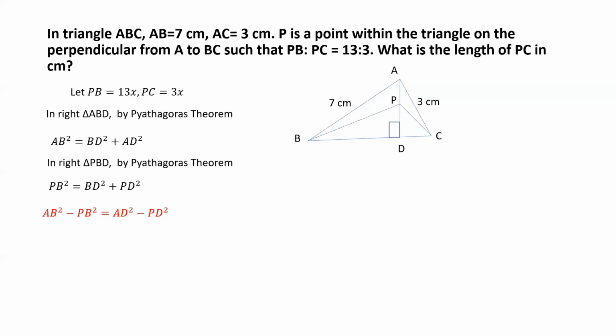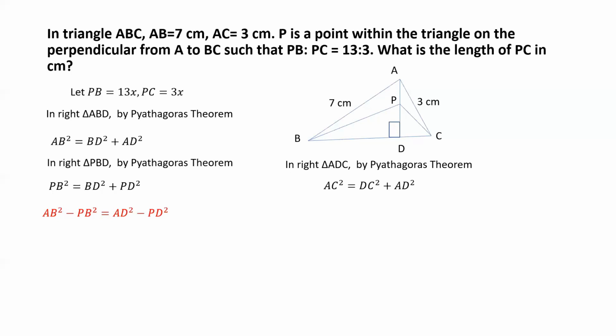Well, we have this other side of the triangle on the right side of the perpendicular, and there also we have two right angle triangles where we can apply Pythagoras theorem. So the first one is triangle ADC, where AC is the hypotenuse.